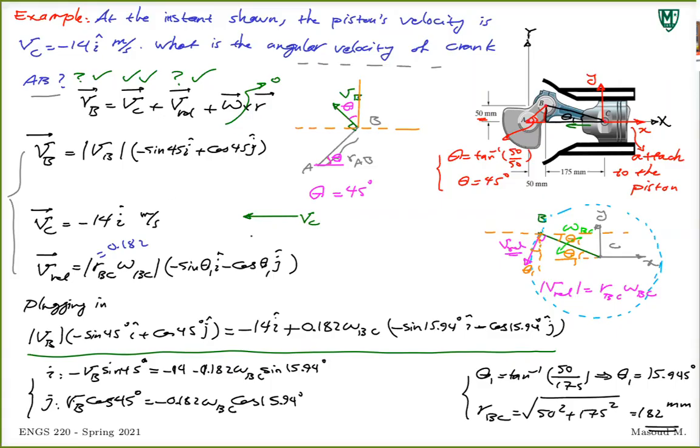So you have two equations, right? Two equations, two unknowns. You don't know VB and you don't know omega BC. You can solve this. You have to keep this separated.